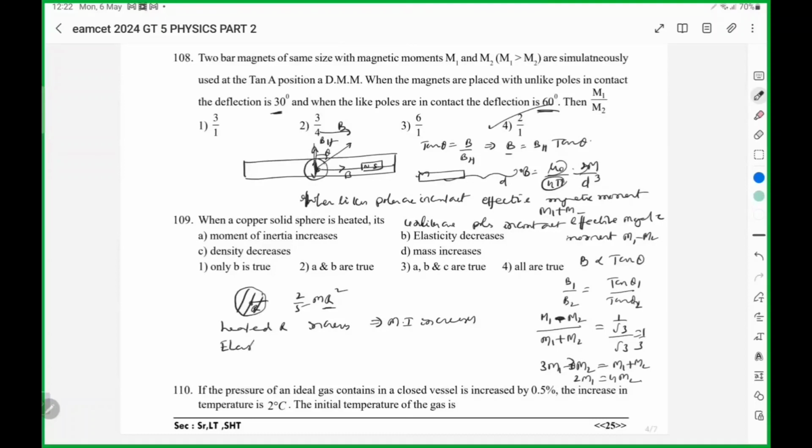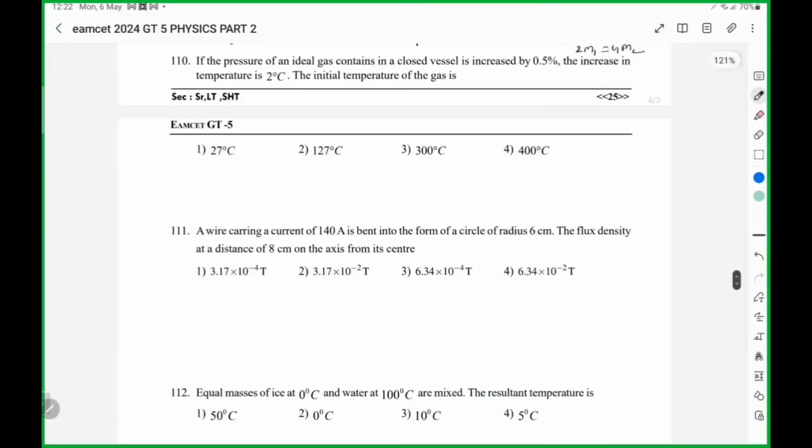So it loses its elasticity by heating. Since R increases, volume increases, density decreases.